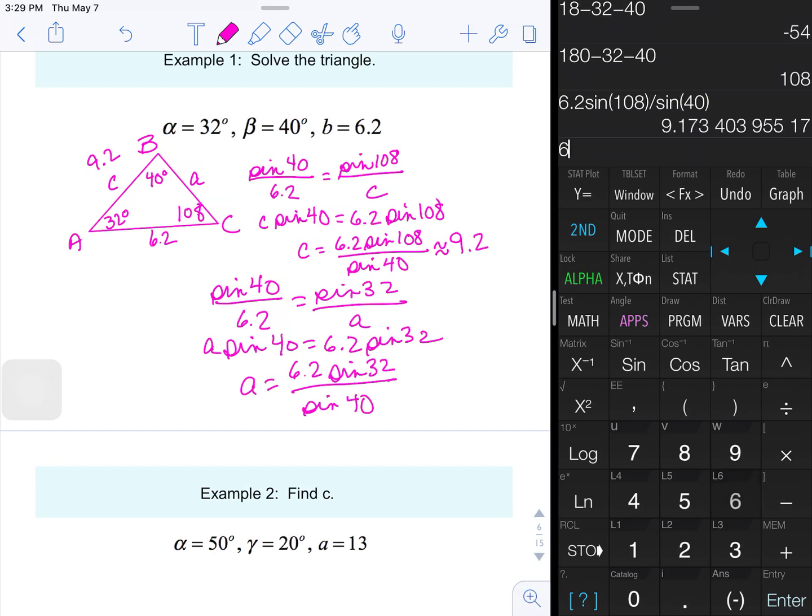And then plug into the calculator: 6.2 sine of 32 divided by sine of 40. And that is about 5.1.